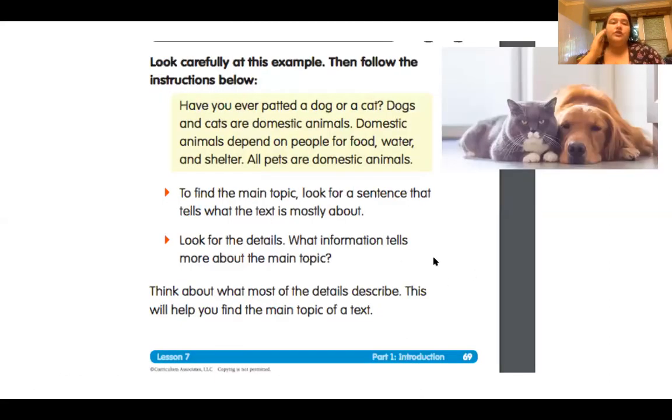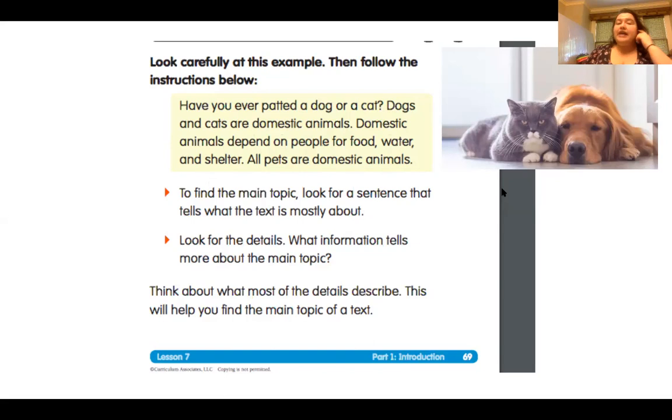So here's an example. Here's the story. Have you ever patted a dog or a cat? Dogs and cats are domestic animals. Domestic animals depend on people for food, water, and shelter. All pets are domestic animals.